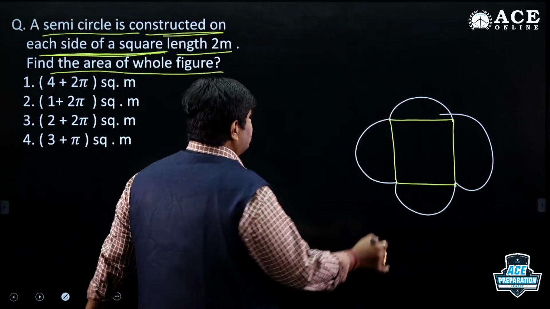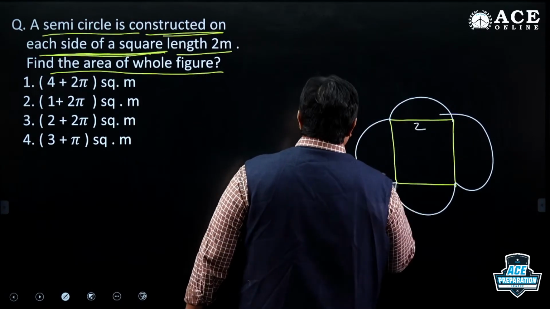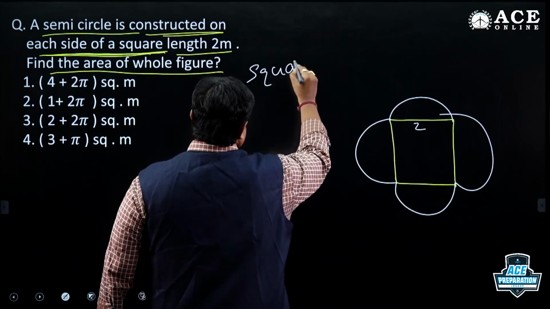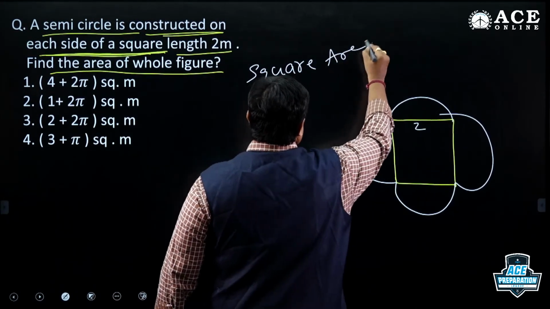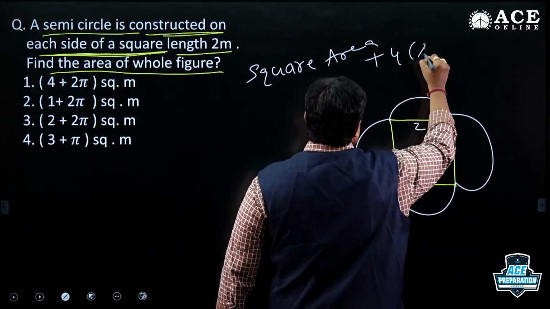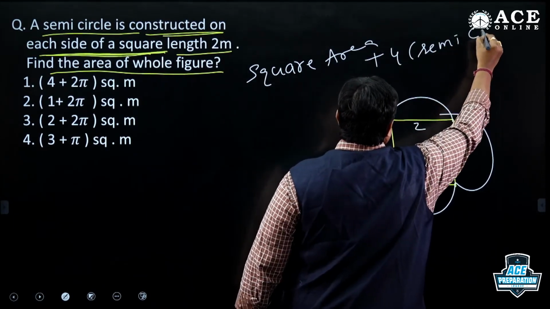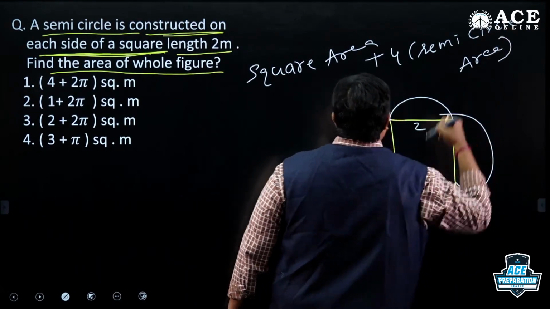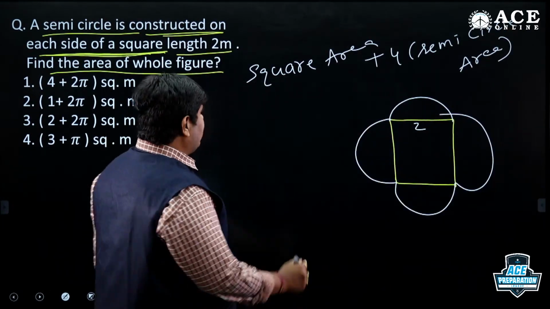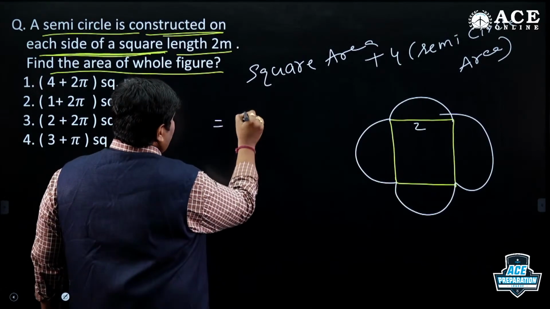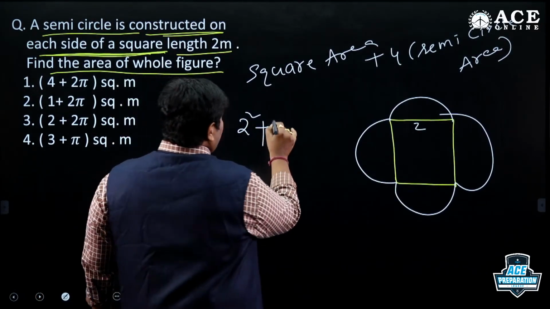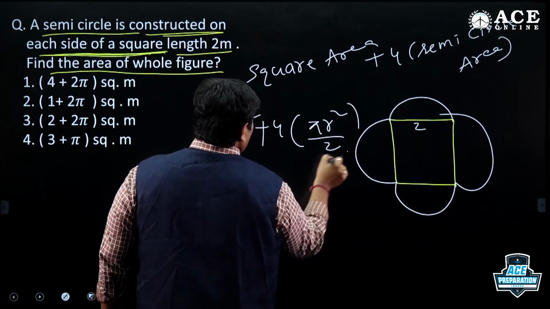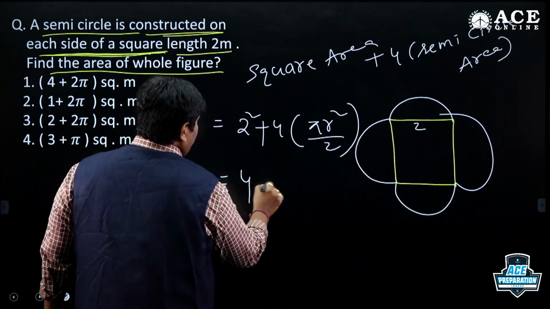The side of the square is 2, so the square area is 2 square, plus the area of 4 semicircles, which is 4 into pi r square by 2. The 2 square value is 4, plus 2 into pi r square.